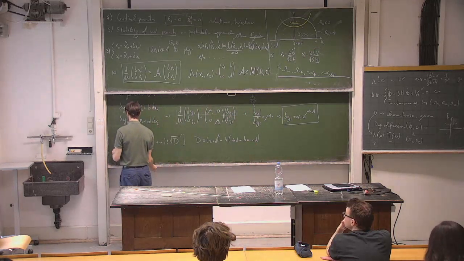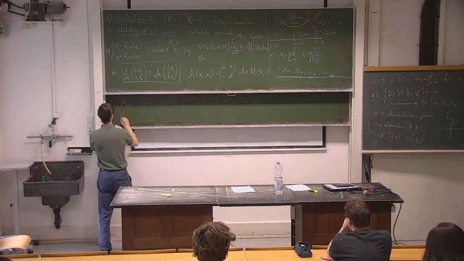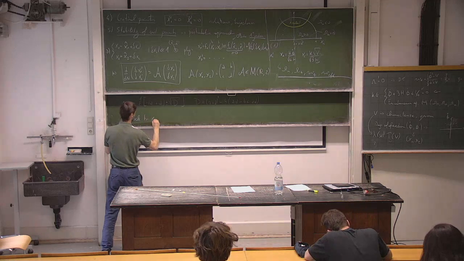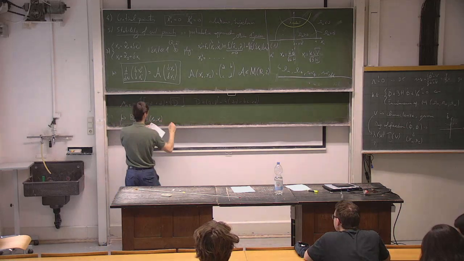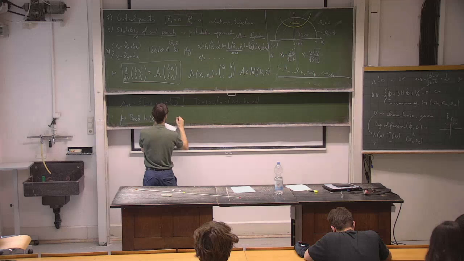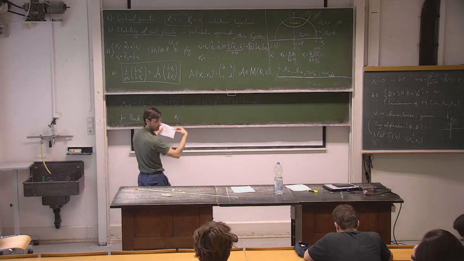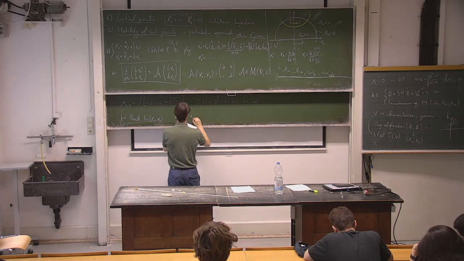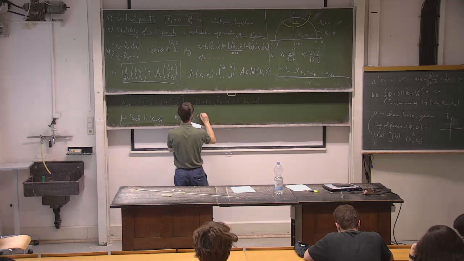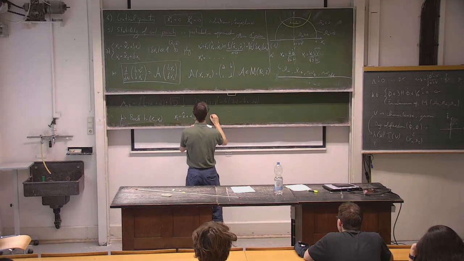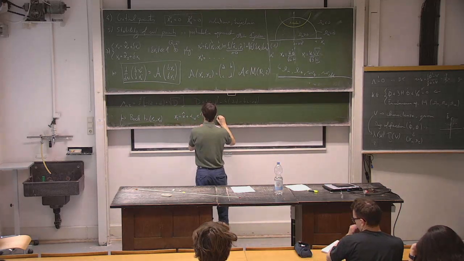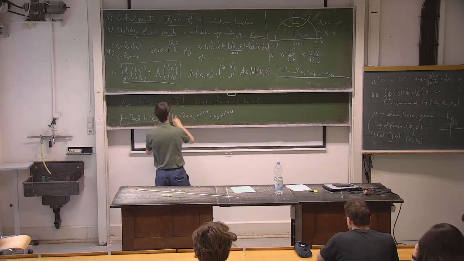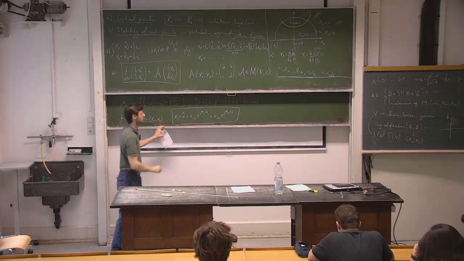For the solution, we go back to x1, x2, a linear combination of the two, and we get the same structure: alpha 1 times e to the mu 1 times n, plus alpha 2 times e to the mu 2 times n. That's your solution.